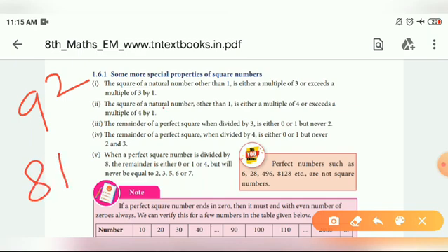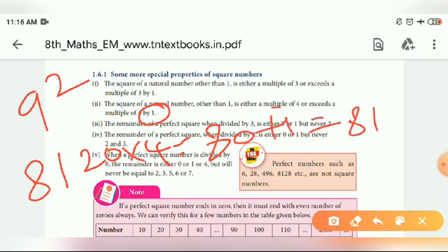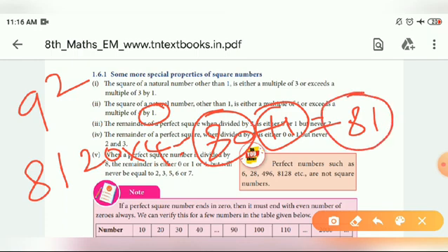So 81 is not a multiple of 4, but it exceeds a multiple of 4 by 1. 20 4s are 80. So plus 1 equals 81. Exceeds by 1 means just 1 added to the multiple of 4. 80 is a multiple of 4 and 1 extra is added. So 81 is a multiple of 4 exceeded by 1.